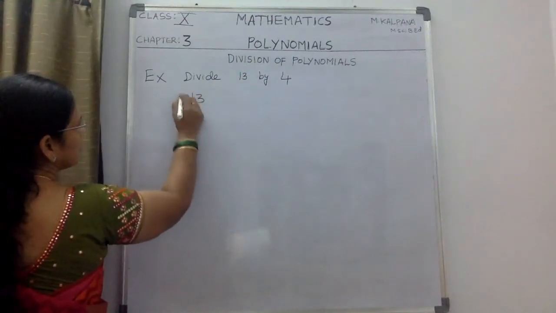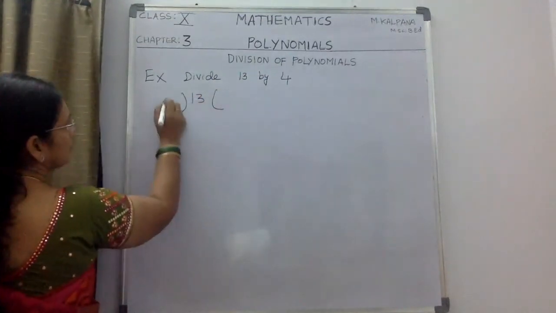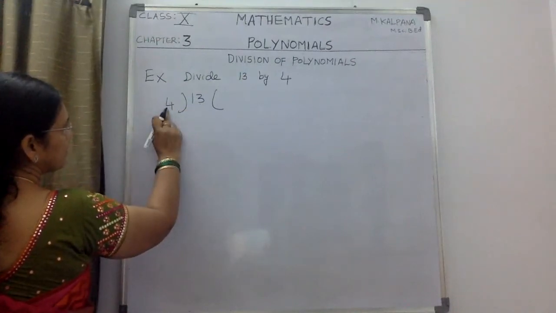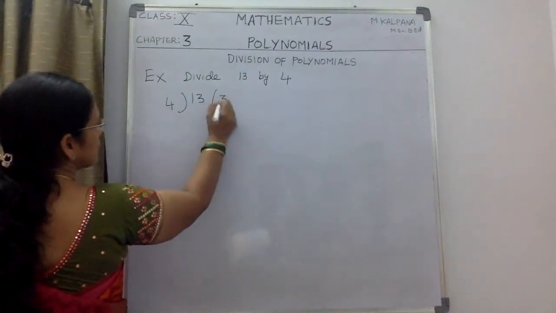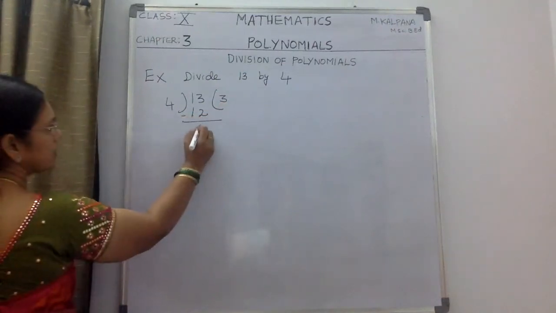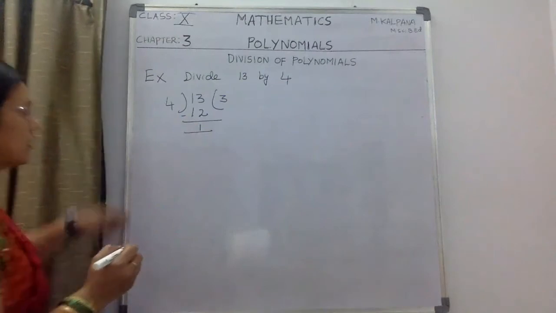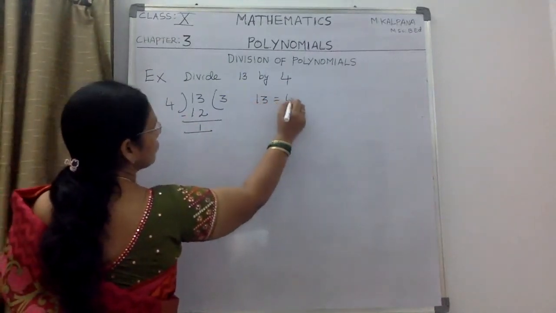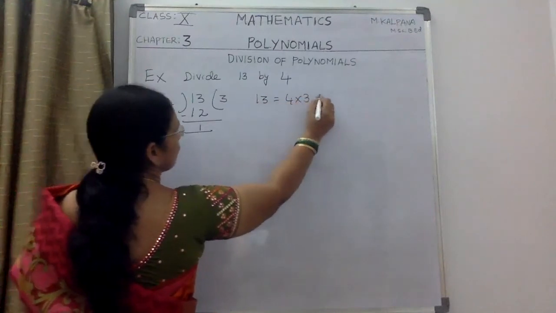So in the division process, 13 will be the dividend, 4 will be the divisor. We know that 4 times 3 is 12. So what will be the remainder, children? 1 will be the remainder. So here by this we can say that 13 is equal to 4 into 3 plus 1.